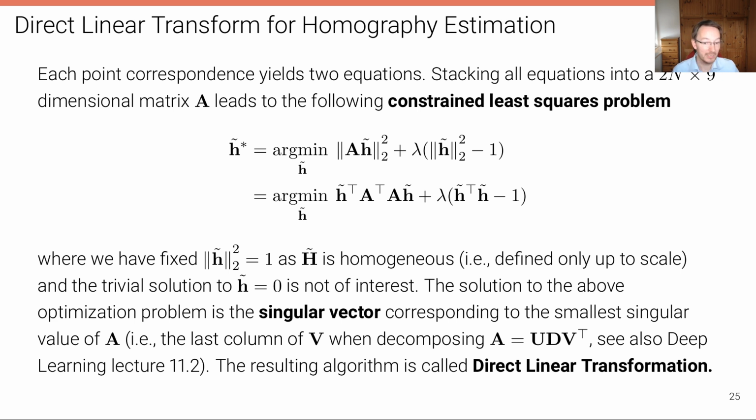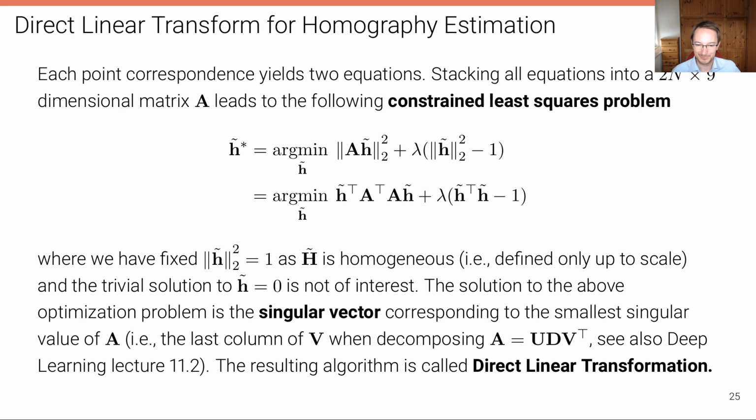And why do we have to use the singular value decomposition here? Well, we see that this is an eigenvalue problem. If we want to minimize this expression and we compute the derivative of this expression with respect to h, we see that we end up with an eigenvalue problem, as in the case of PCA. We have A transpose A h equals minus lambda h, and this corresponds to an eigenvalue problem.